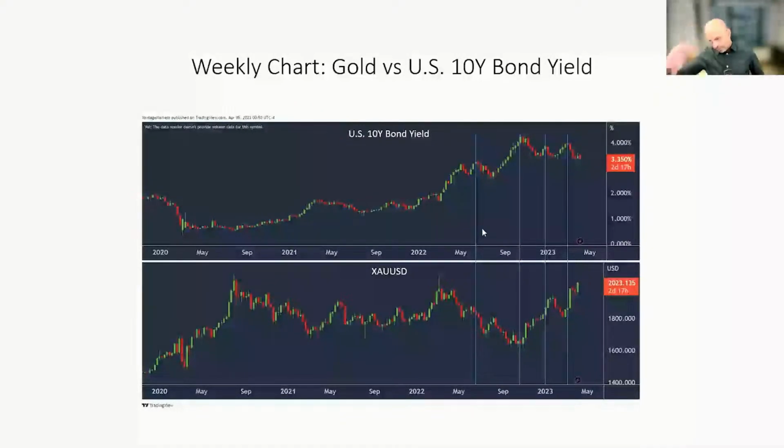So as mentioned earlier, this was when we had the Russian invasion, the geopolitical event of Russia invading Ukraine, and we saw gold spike up, breaking $2,000 for the first time since the middle of 2020. So this was a major geopolitical event that caused the price of gold to spike.